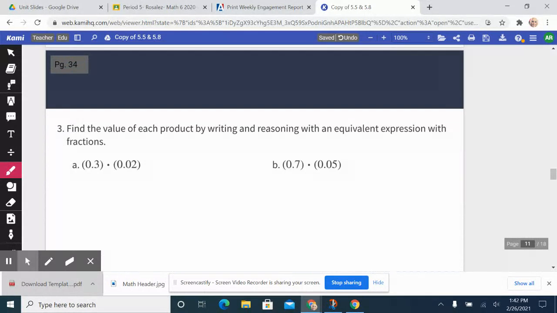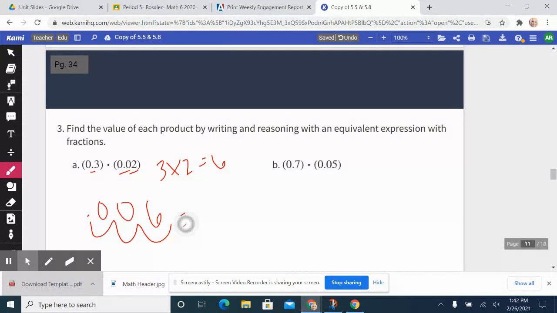So you're on page 34 and I'm on number 3. If I know that 3 times 2 is 6, well, if I have 6, I'll rewrite it, and I need to move it over 1, 2, 3 places. Remember, if you don't have a place value, you add a 0.